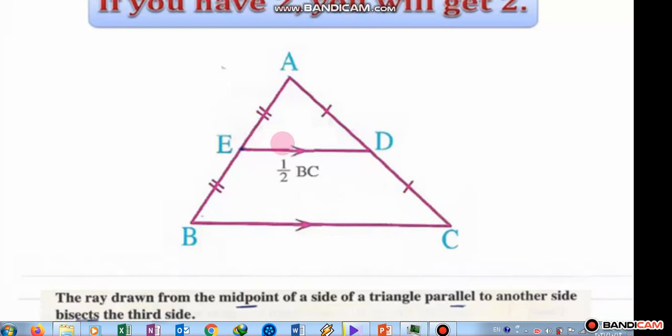Again, the length of the line segment joining the midpoints of the two sides of the triangle is equal to half the length of the third side. So it is parallel to the third side and equal to half the length of the third side. Okay, again, the ray drawn from the midpoint of a side of a triangle parallel to another side bisects the third side.